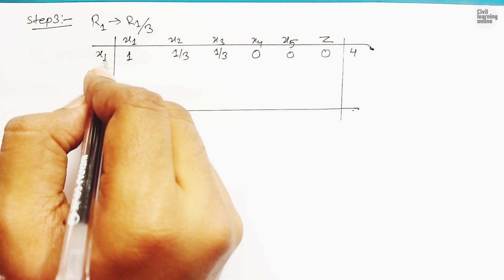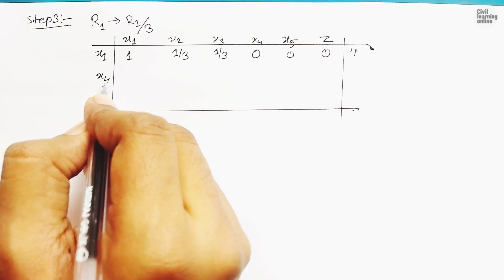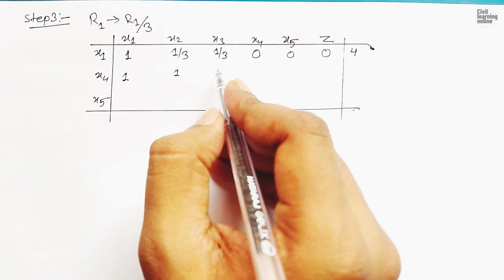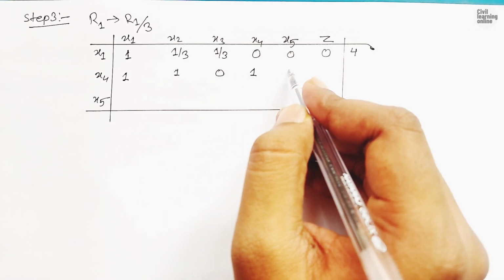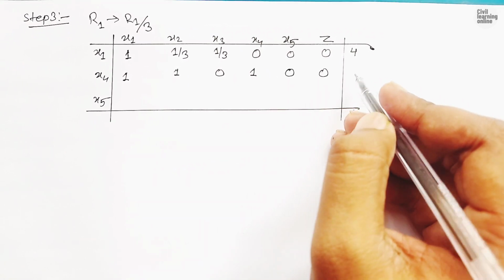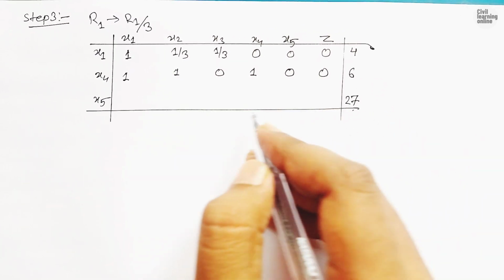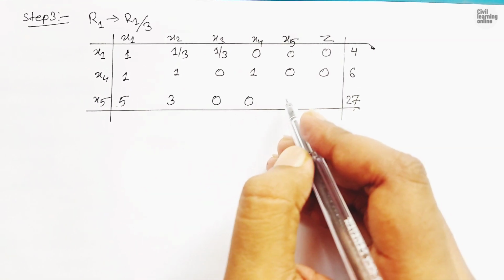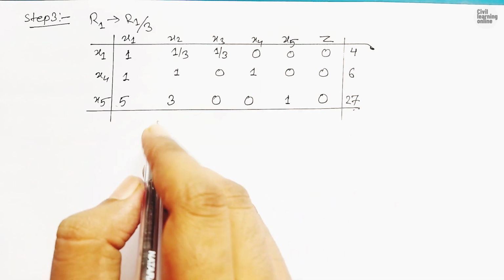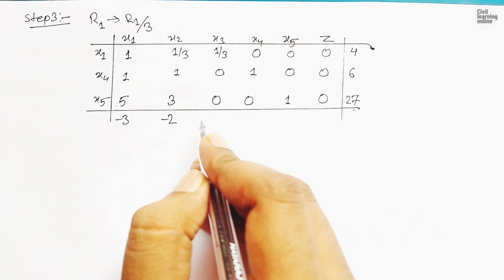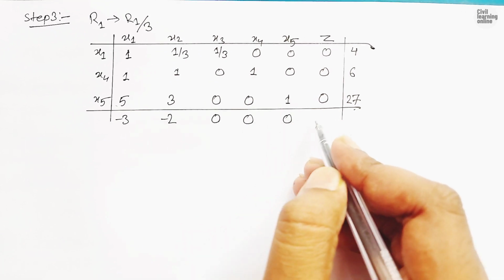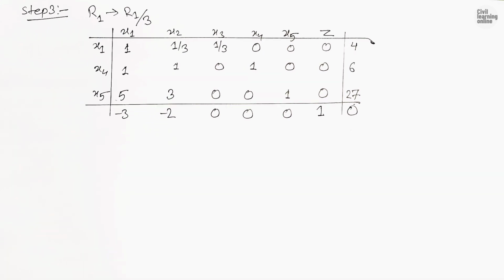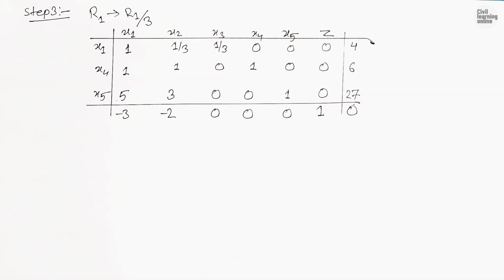So here we will have x1, and the remaining will be as it is, x4, x5, and the elements were 1, 1, 0, 1, 0, 0, 6, and here it is 27, 5, 3, 0, 0, 1, 0, and here we have -3, -2, 0, 0, 0, 1, 0.